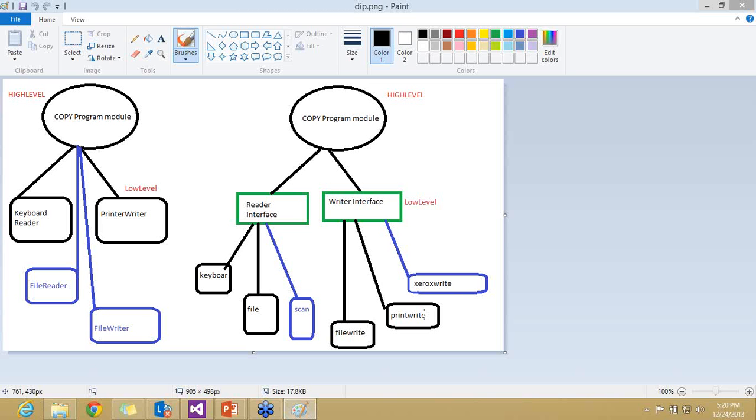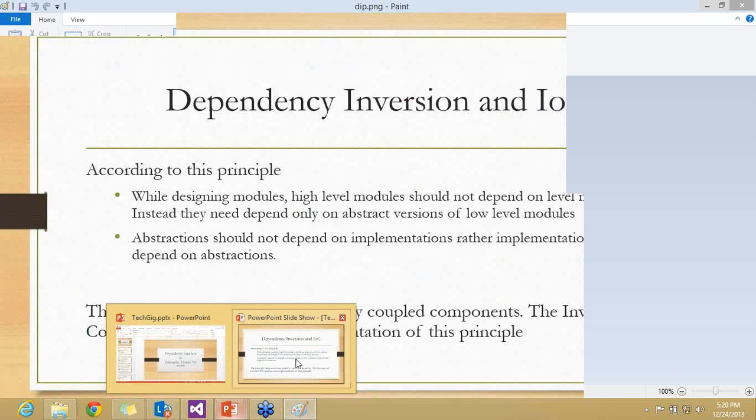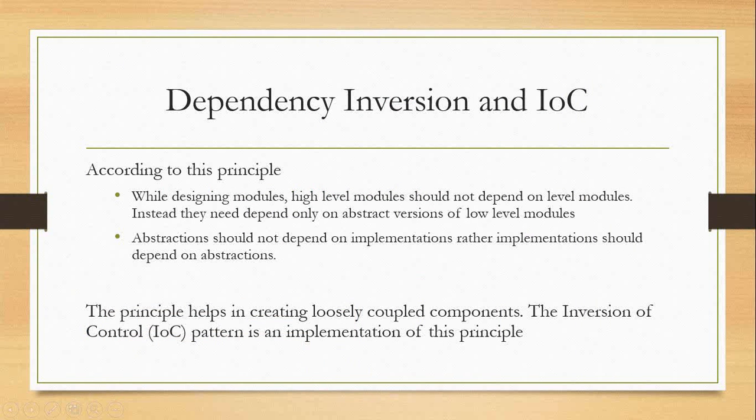With this introduction, you are ensuring that there is loose coupling that exists between your high-level modules and your low-level modules. So going back to our discussion of dependency inversion principle, where we said when you are designing modules, the high-level modules will not depend on the low-level modules.